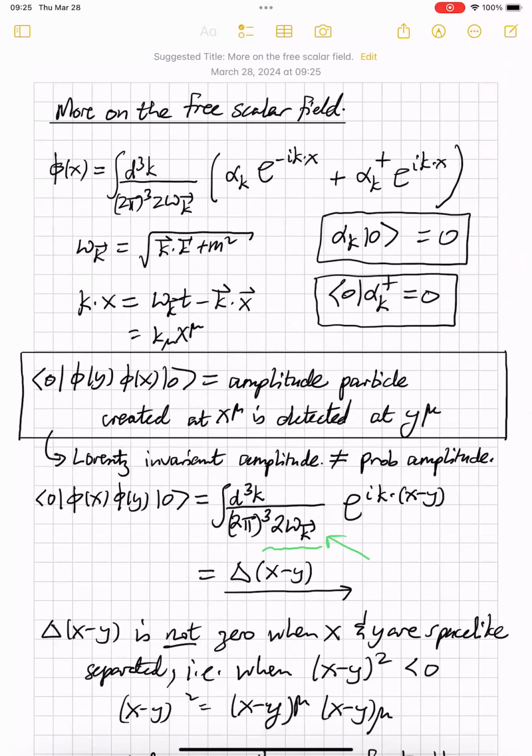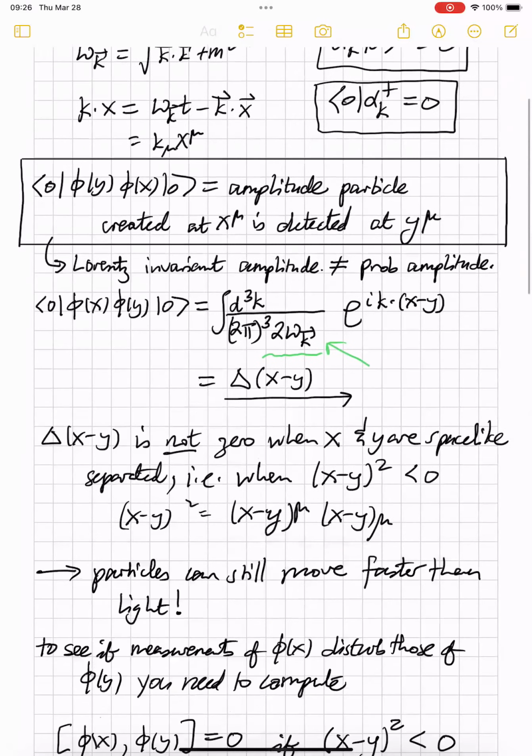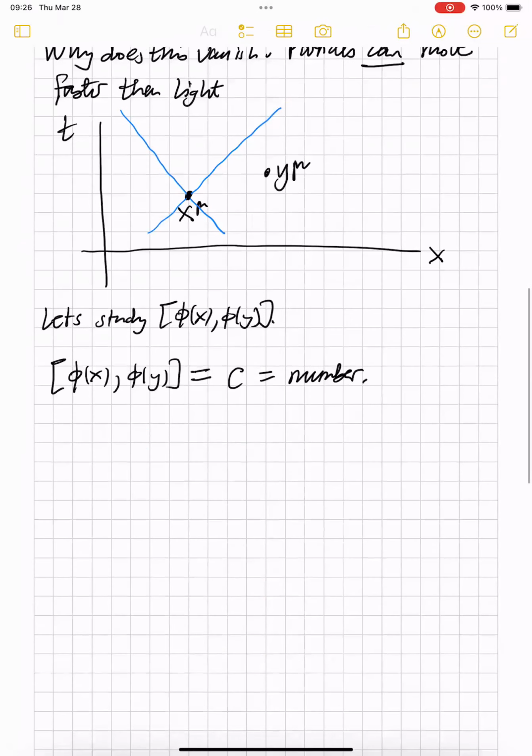That integration measure, that's a number. The exponential, e to the minus ik dot x, that's a number. E to the ik dot x, that's also a number. The thing that is not a number is alpha and alpha dagger. So when I tell you that this commutator is a number, it may involve some integrals. It may involve stuff like d3k over (2 pi)^3 2 omega k. It can have exponentials, but it doesn't have alphas and it doesn't have alpha daggers.